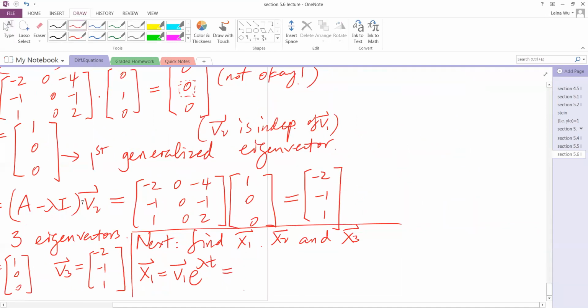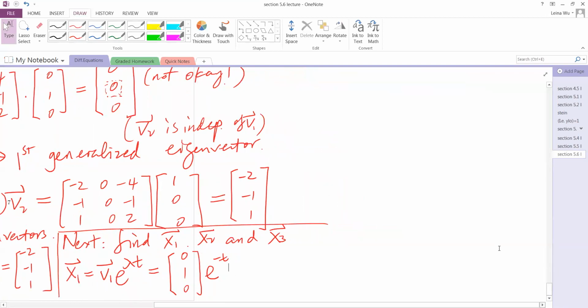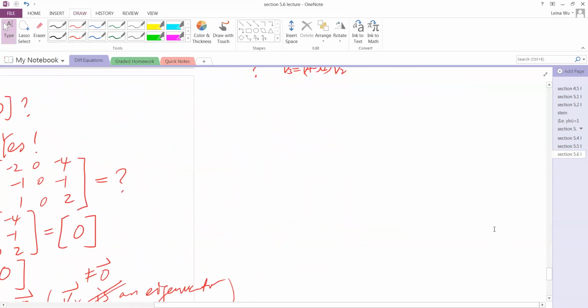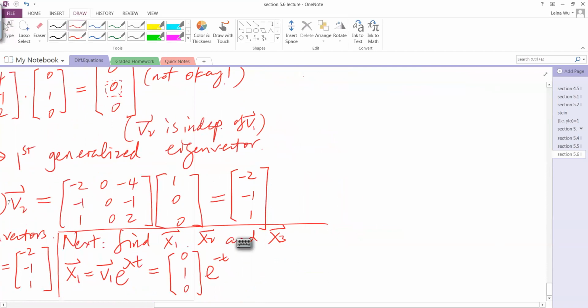So v1 is 0, 1, 0, e raised to the negative t. So that's simple. Good. You guys okay? Yes. All right, and then do here.